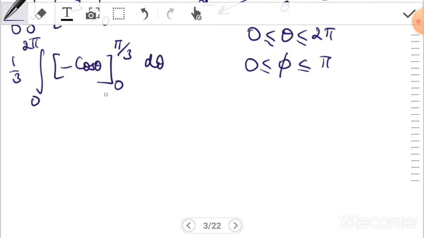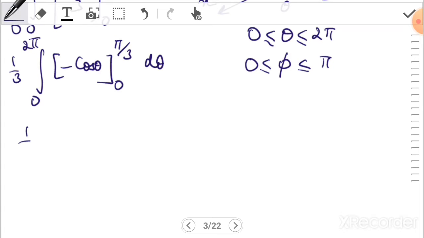Now we have minus cos pi by 3, which is cos 60, which is 1 by 2, so minus 1 by 2, plus cos 0, which is 1, so that is again plus 1 by 2. So you can take this 1 by 2 out.